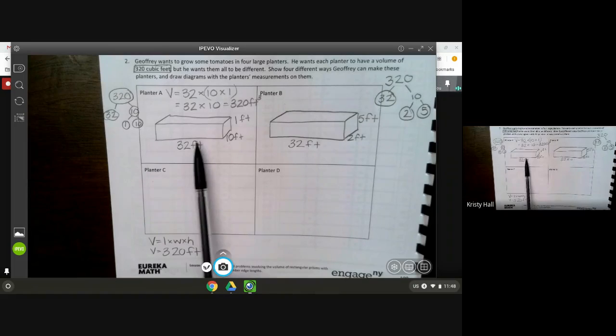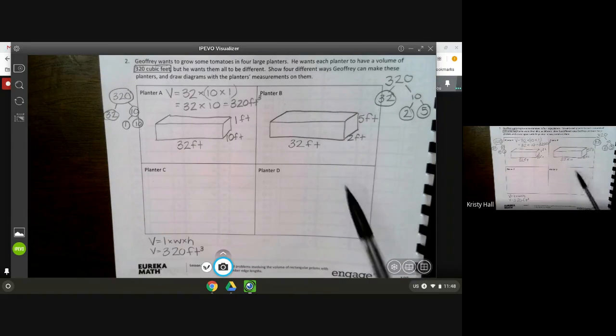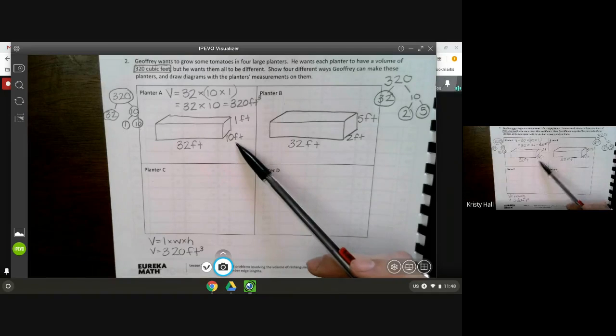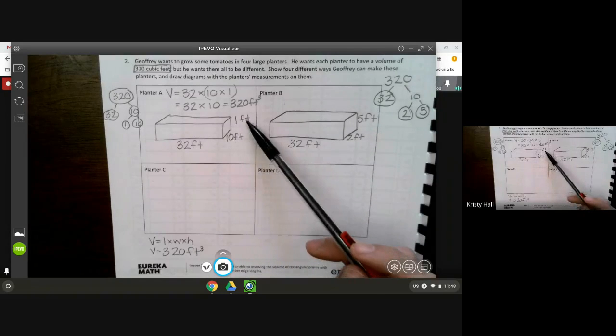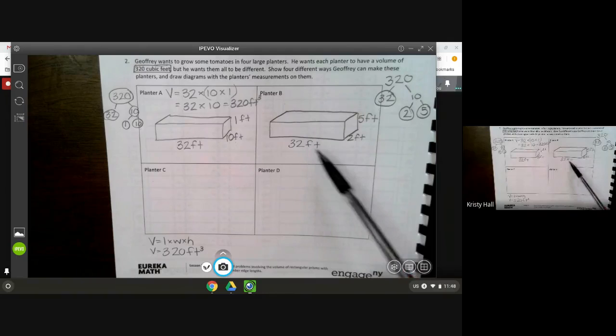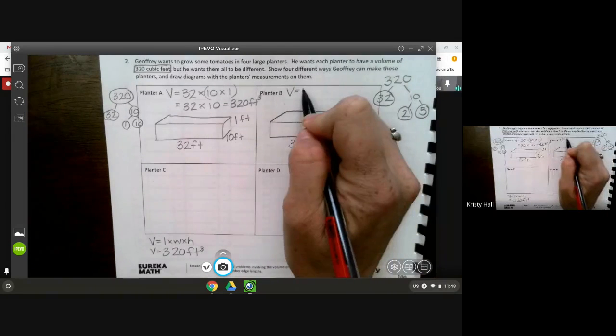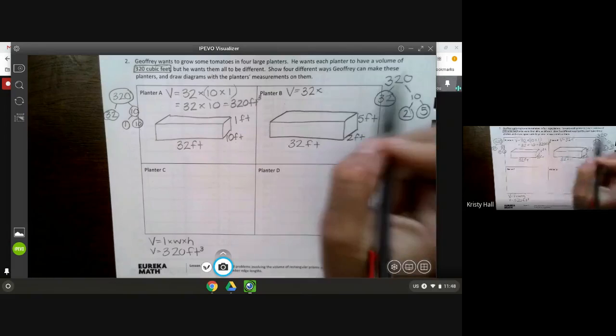So it might look similar to the one I drew here, but my numbers are different because for planter A, I used 32 times 10 times 1. For B, I'm doing 32 times 2 times 5. And then I'm just going to show my thinking with my multiplication formula.